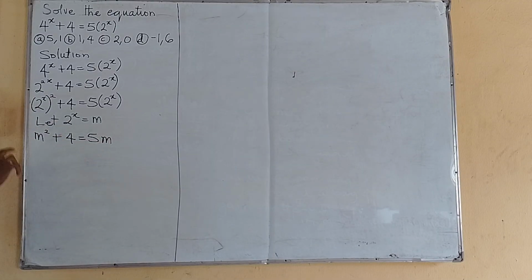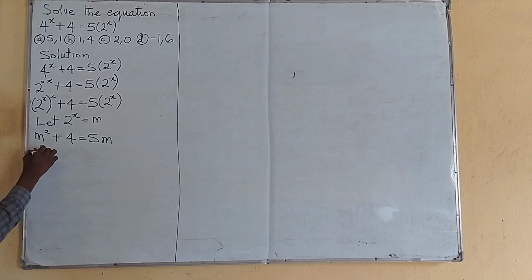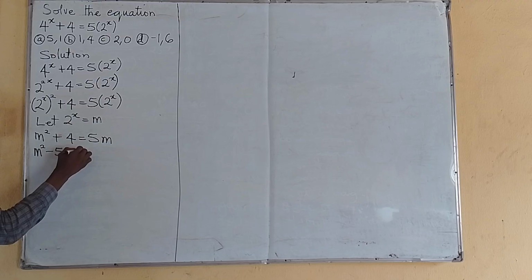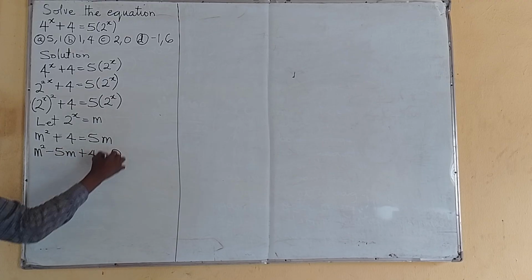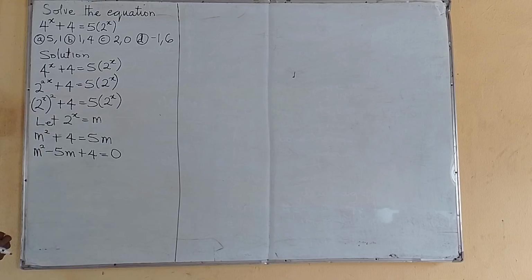Then the next thing is to subtract 5m from both sides. So we write m squared minus 5m plus 4 equal to 0, because 5m minus 5m will give us 0. Now we can continue.